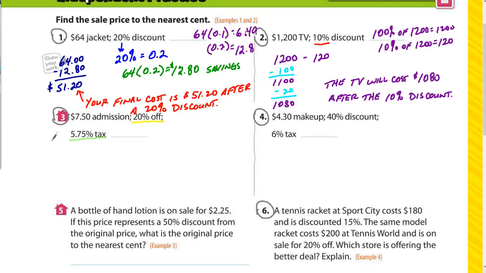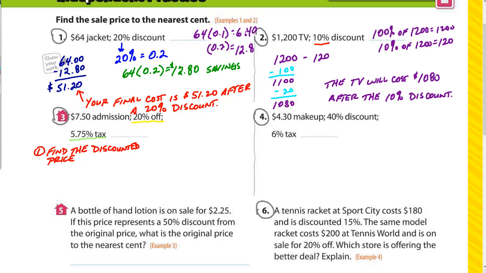So our first step needs to be to find the discount. Actually, we don't care about the discount. We're going to find the discounted price. What is the price after the discount?